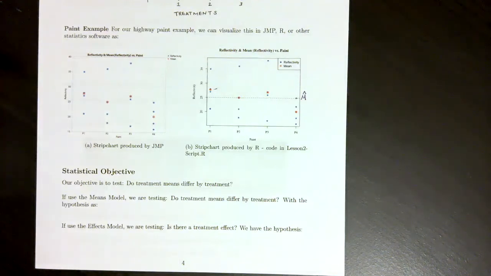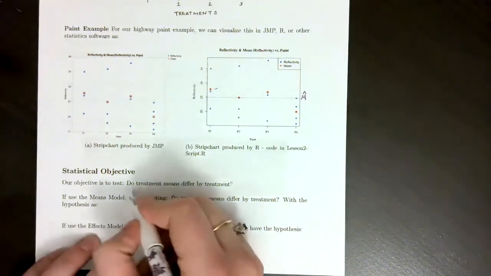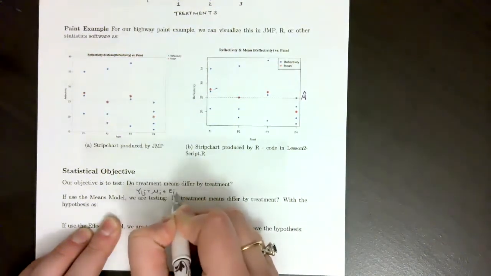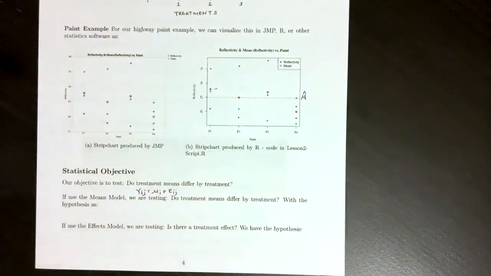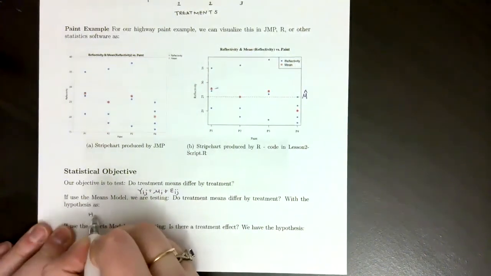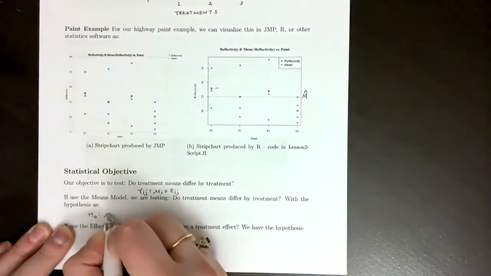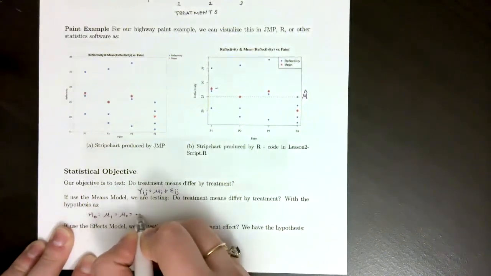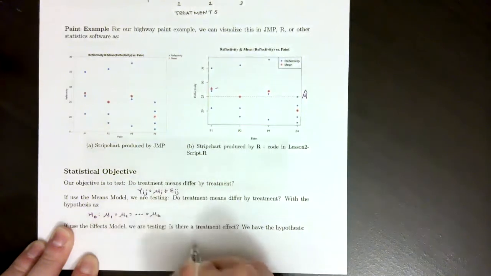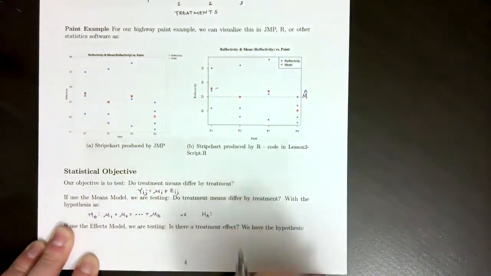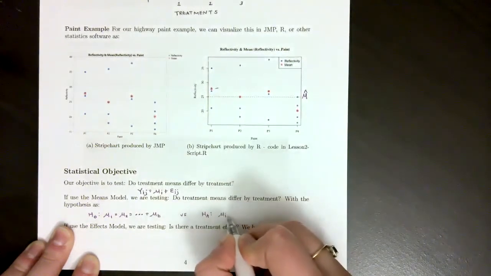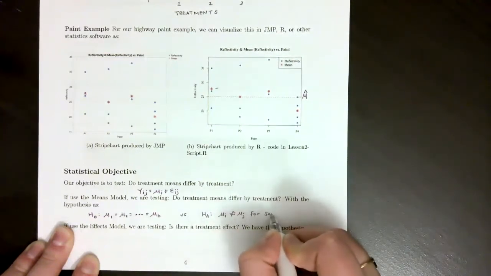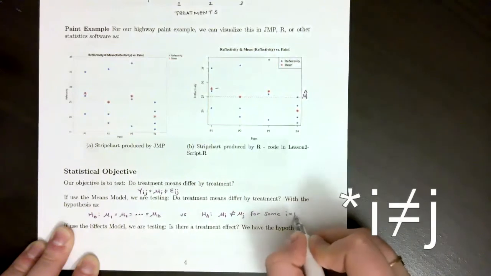If we were using the means model, i.e. y_ij equals mu_i plus epsilon_ij, then our hypotheses would be H naught: mu_1 is equal to mu_2 is equal to dot dot dot equal to mu_t, versus the alternative, which is mu_i is not equal to mu_j for some i not equal to j.